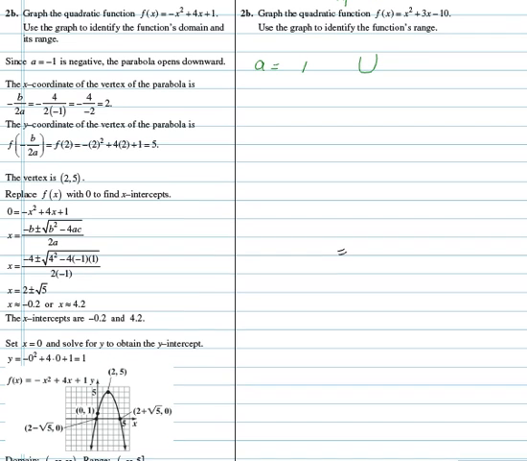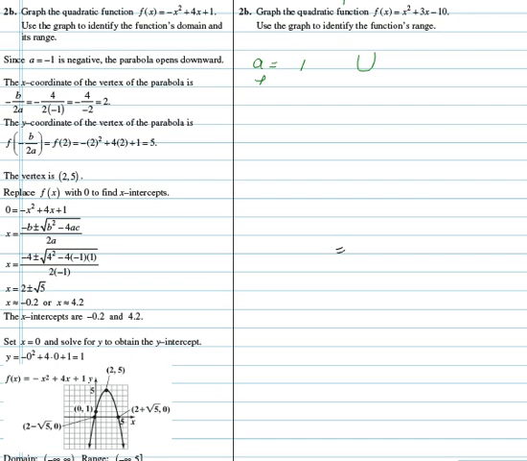And the coordinates of the vertex, if I have a function f(x) = ax² + bx + c, then the coordinates of the vertex would be (-b/2a, f(-b/2a)). So let's go ahead and plug that in.